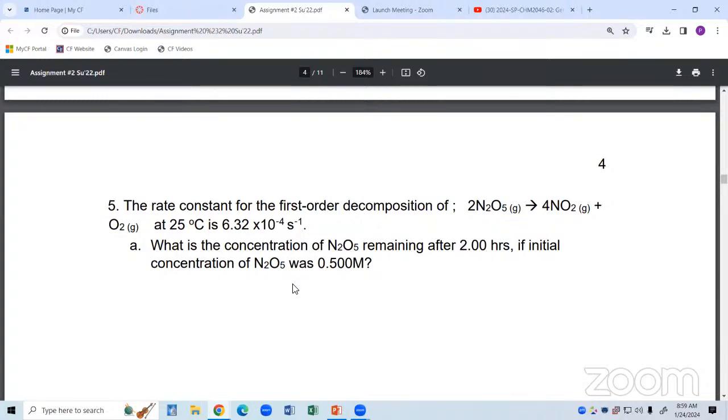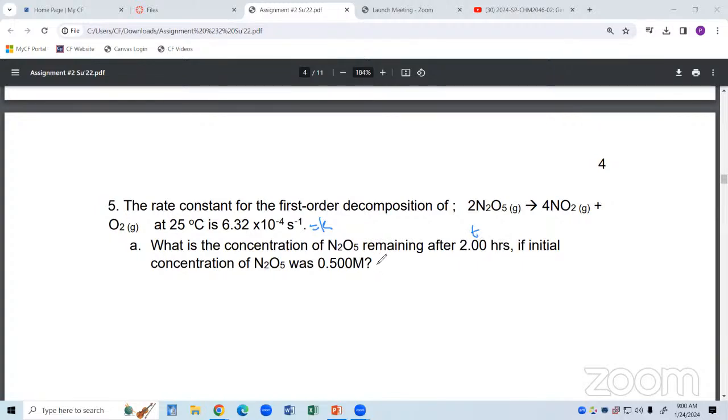So in this question, they gave us the rate constant. This is the rate constant here, K. This is T, 2 hours.